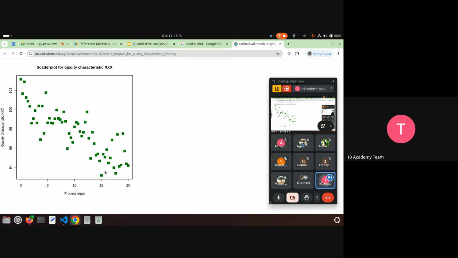But when you plot it, you can see clearly that as this variable increases, the other one decreases. So there is a linear and negative relationship between the two. The correlation between them is negative, but there is a real relationship between the two variables.